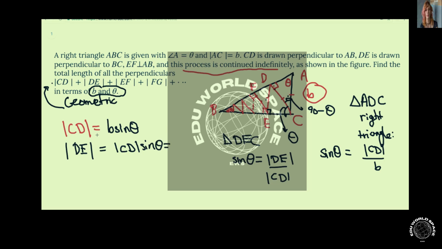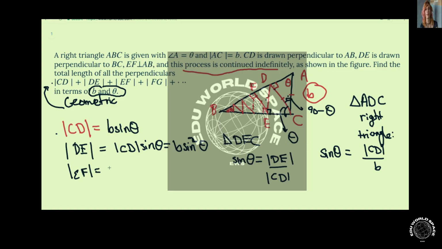But then using the previous part, this is B sine squared theta. And we'll eventually see that this is the pattern. Each time we find a progression. So the next one would be EF.